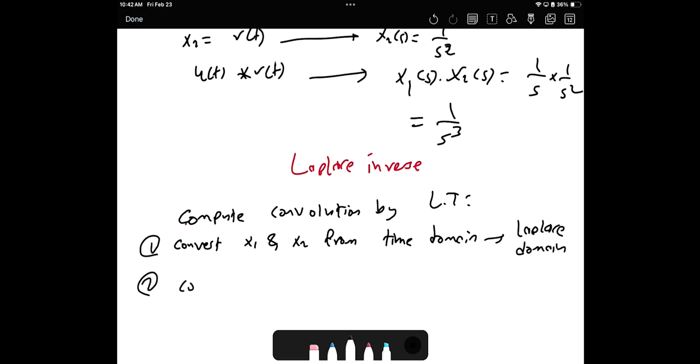Then compute the product, which is x1 of s times x2 of s.